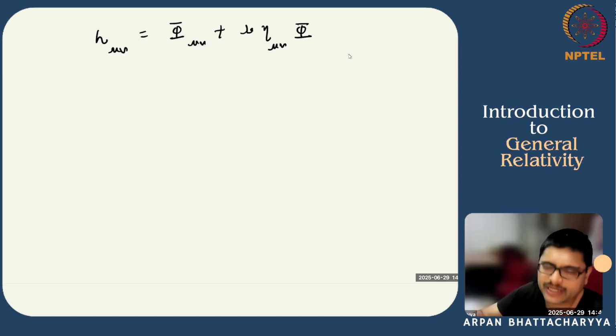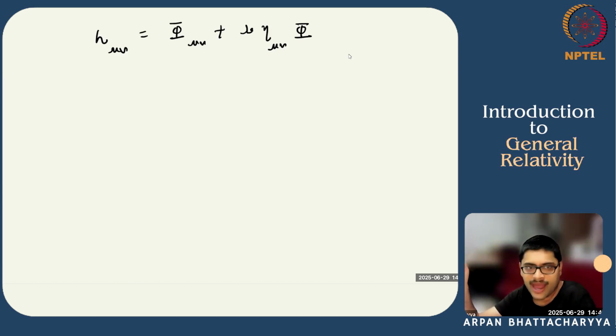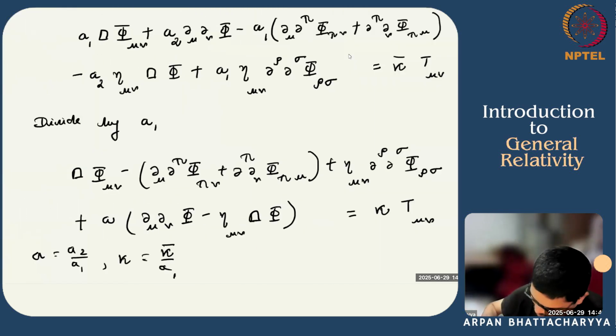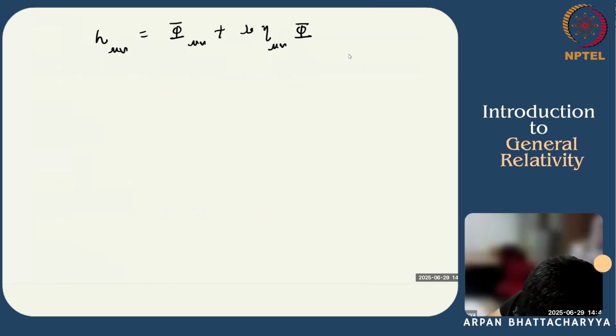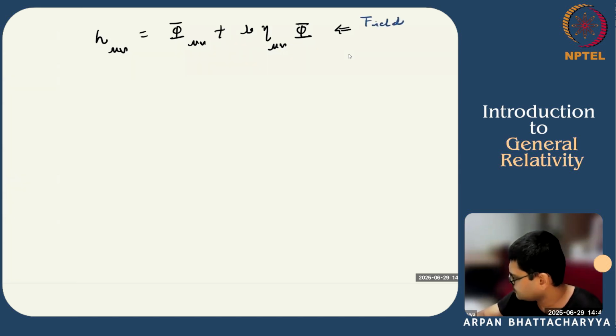So H is related to phi linearly, and H mu nu is also symmetric under the interchange of the mu nu indices, since phi is symmetric and eta is symmetric. Now we can rewrite this equation in terms of this redefined field, H mu nu. This is what we call field redefinition.